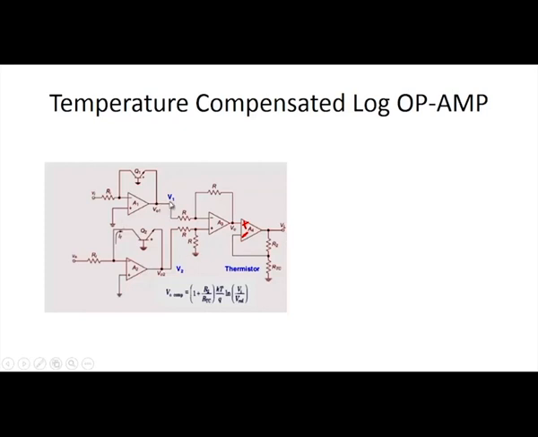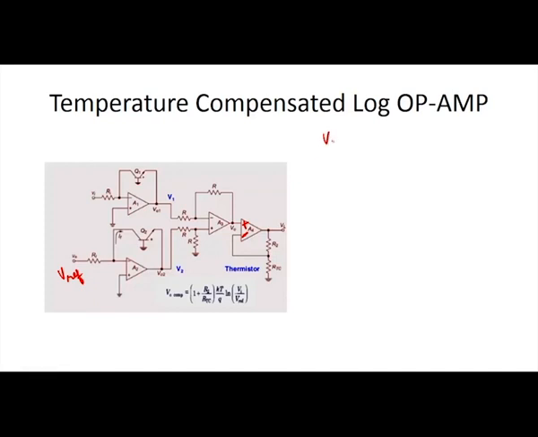You have to compute V1, V2 and V0, and finally the compensated output voltage. This is calculated as 1 plus R2 by RTC times KT by Q times the natural logarithm of the input voltage divided by the reference voltage VR. Here V reference is given directly to a logarithmic amplifier. Here A1, A2 are two logarithmic amplifiers, A3 is a differential amplifier and A4 is a non-inverting amplifier.